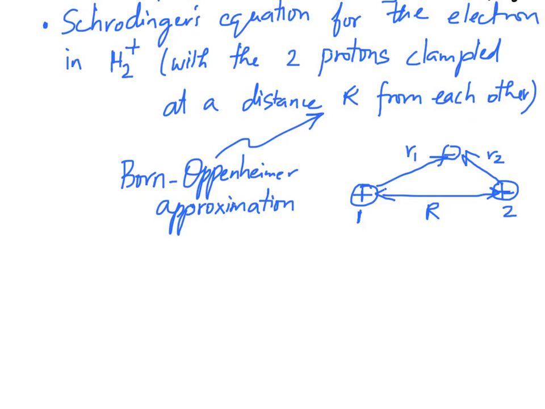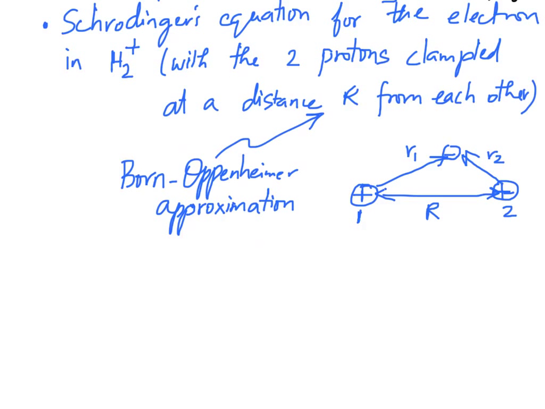So that's a general position for our electron. And of course, we are assuming that the two protons are clamped at a distance of r with respect to each other. And as I mentioned earlier, this is what is called the Born-Oppenheimer approximation.